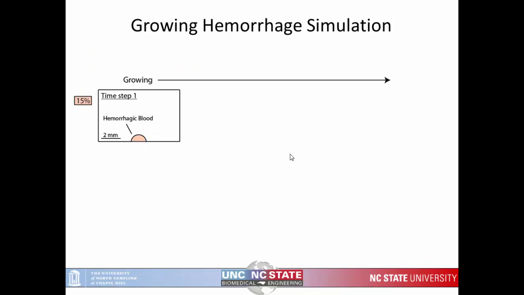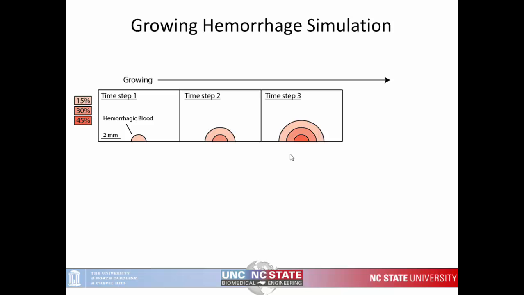Additionally, we implemented a 2-dimensional version where we simulated a growing hemorrhage. To do this, we designated hemispherical regions that grow over time. They not only grow in space, but they grow in concentration of these untethered scatters.